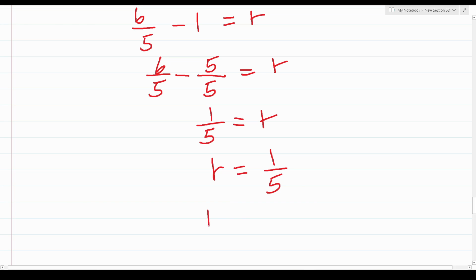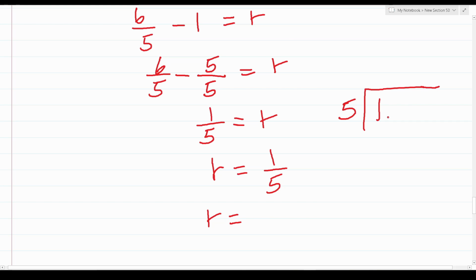Well, as I've said throughout this video multiple times, interest rate, or R, is always expressed as a decimal. Well, in this case, how can we convert 1 over 5 to a decimal form? Well, we can do this long division very quickly. 1 divided by 5. We're asking ourselves to start, how many times does 5 go into 1?